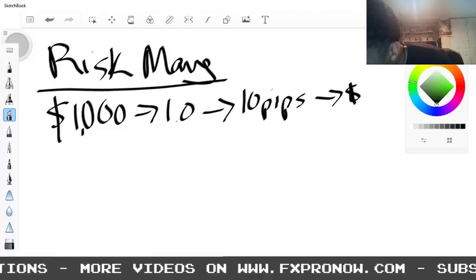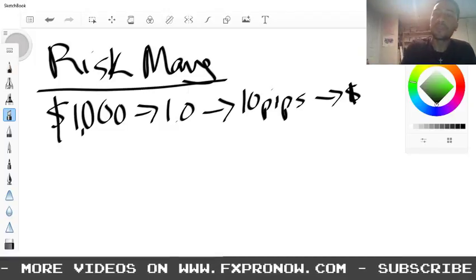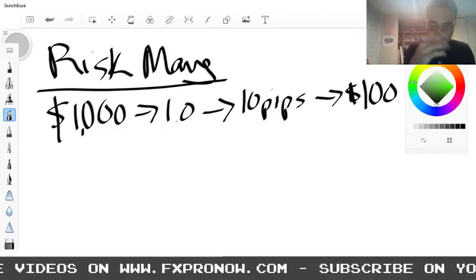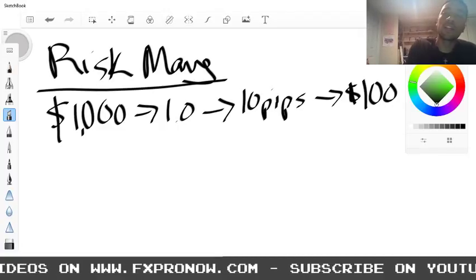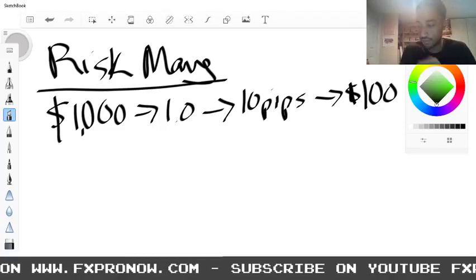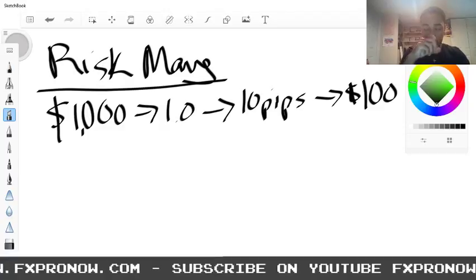You tell me how much money is that moving? $100. Okay. Now, when it comes to that $100 right there, it's not a crazy amount of money, but again, you could make that fairly quickly.